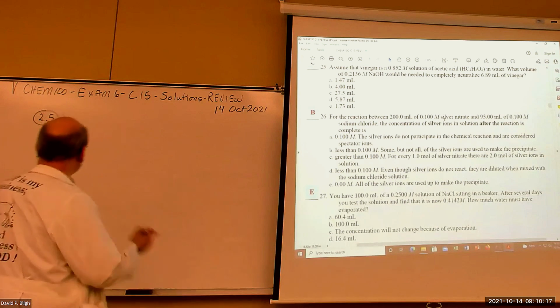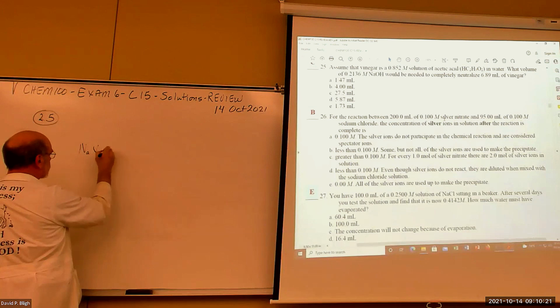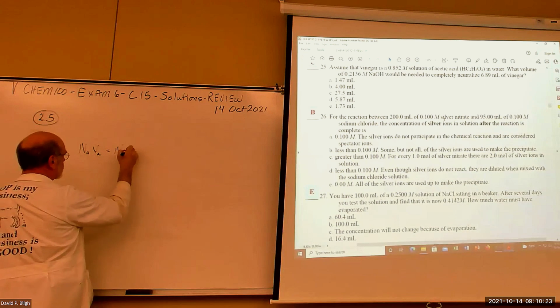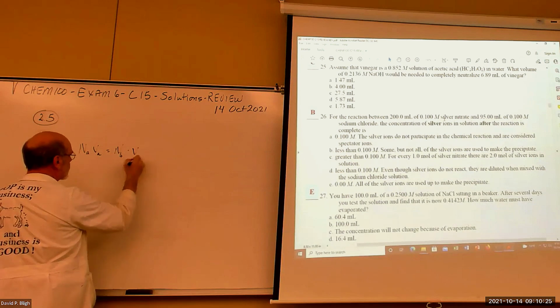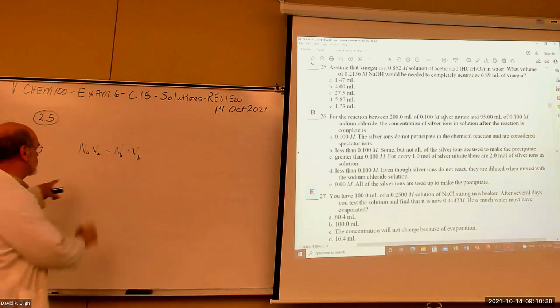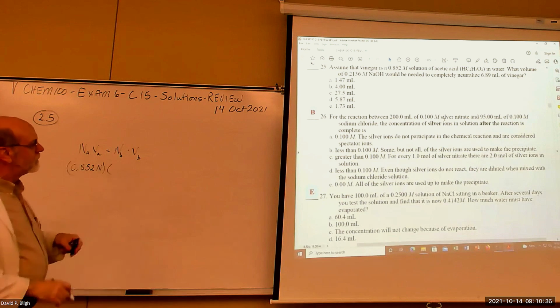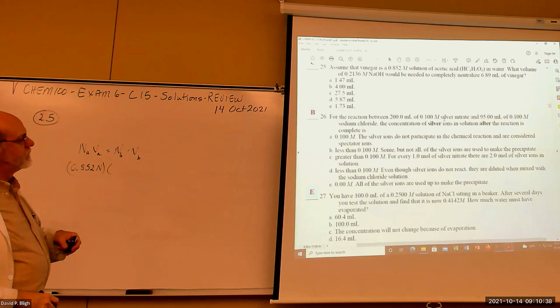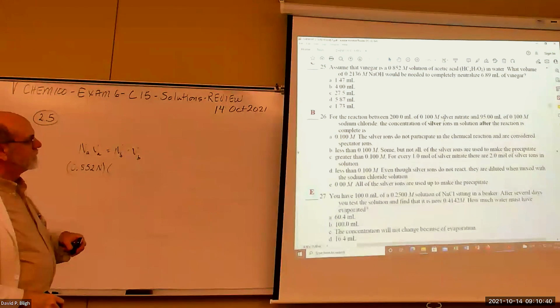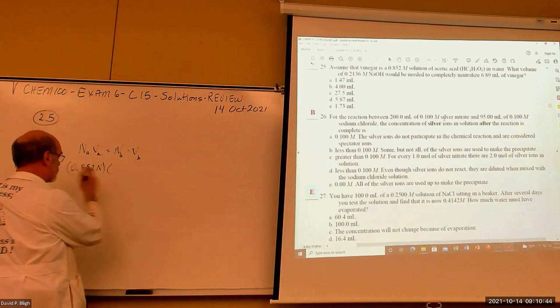All we need to do is say the normality of the acid times the volume of the acid equals the normality of the base times the volume of the base. So the normality of the acid is 0.852 normal. And the volume of the vinegar is 6.89 milliliters.